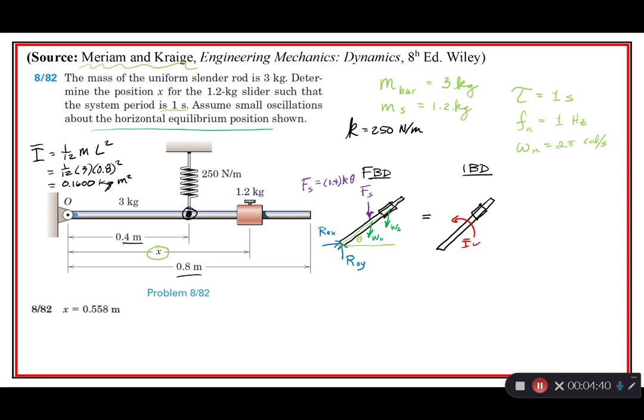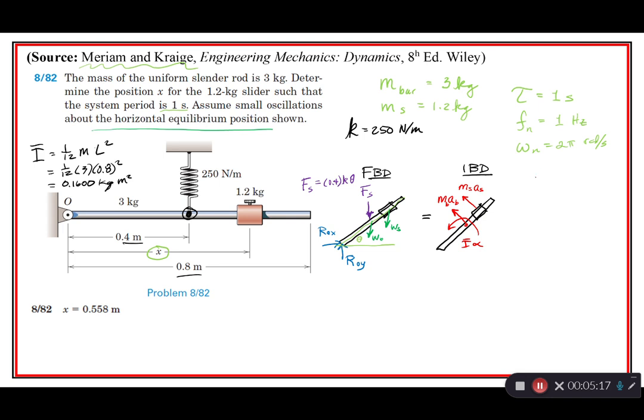A lot of times I'll use an alpha now and then use a theta double dot later. It doesn't really matter. We also have the motion of the center of this bar, M B, A B, right there. And then also this rotation that I've drawn on there. And then lastly, we have M slider times acceleration of the slider.